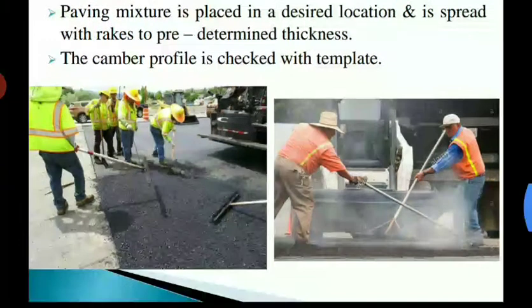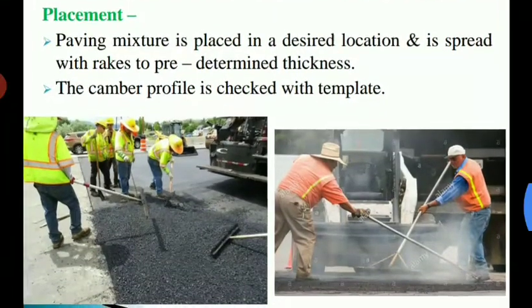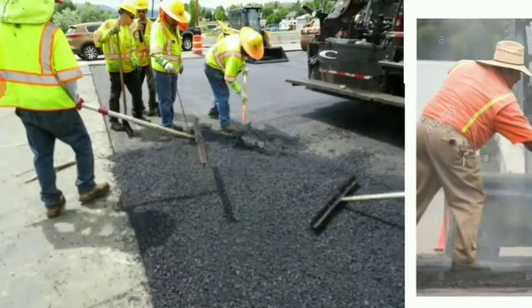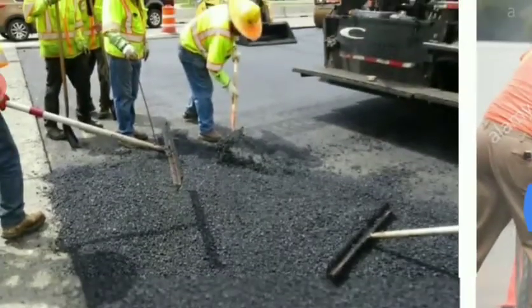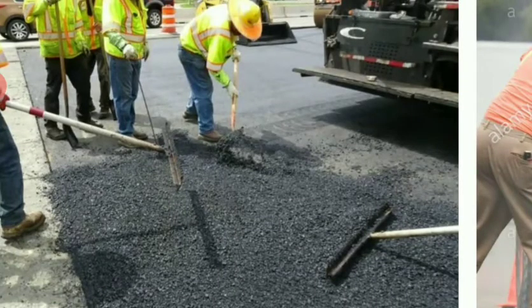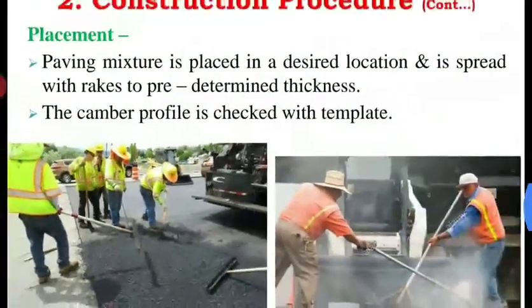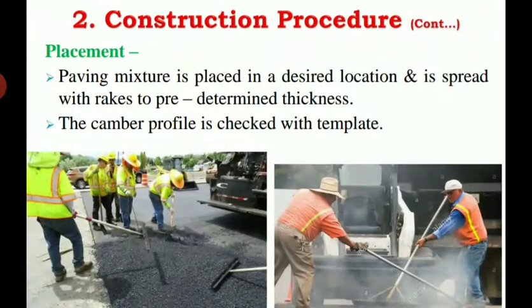Okay, the camber profile is checked with a template. Depending upon how much thickness we want to provide, we use the rakes. These are the rakes that the person is holding. By using them they level the thickness as per the design. Later it is spread uniformly with a standard thickness.